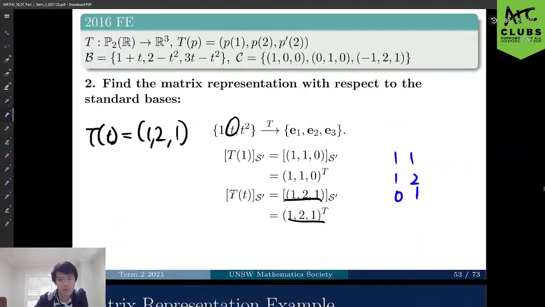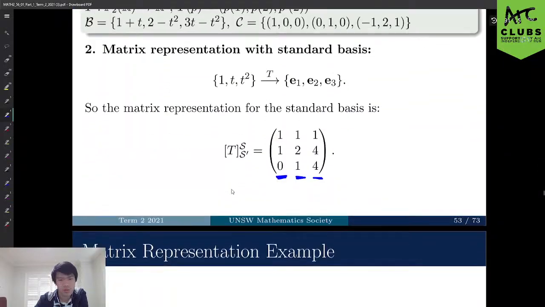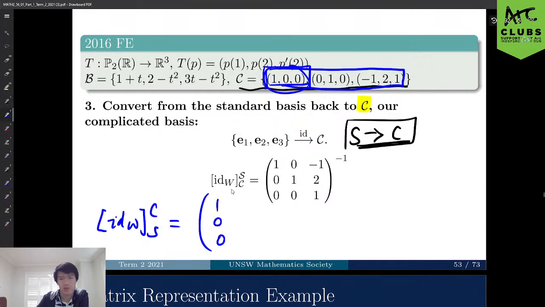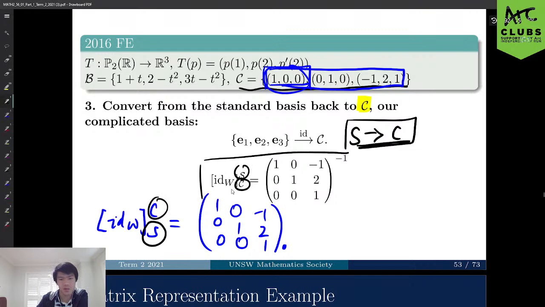So what we'll do over here is just find the matrix that converts C to S, and that'll just be equal to the coordinate vectors placed as the columns. So over here we have 1, 0, 0, then we have 0, 1, 0, then we have minus 1, 2, 1. Right, so that's the matrix converting from C to S. So to convert from S to C, we'll just take the inverse of that.